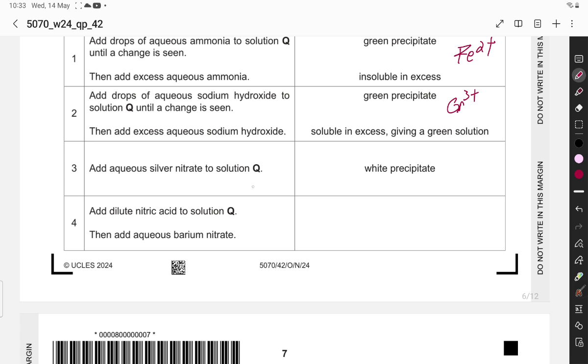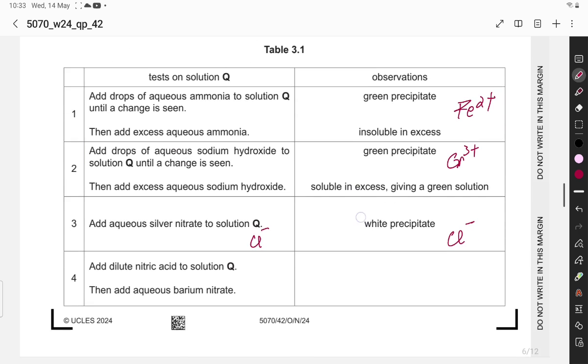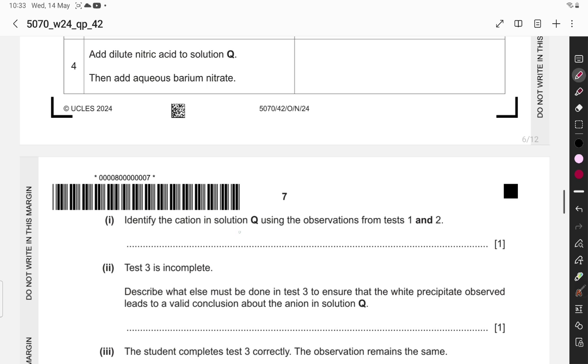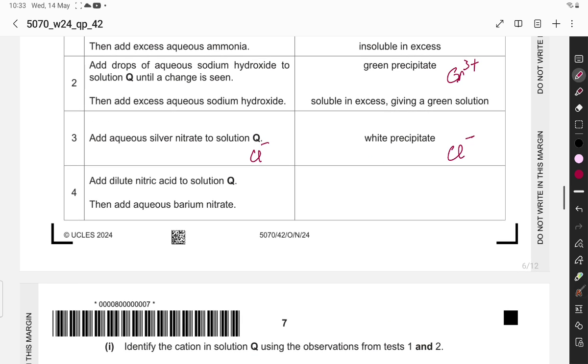Add aqueous silver nitrate to solution Q, white precipitate, means this is the test of chloride ion. So if a white precipitate is formed, then chloride ion is present. Add dilute nitric acid to solution Q, then add aqueous barium nitrate. If the white precipitate of chloride ion is present, it means sulfate ion is absent, no change.